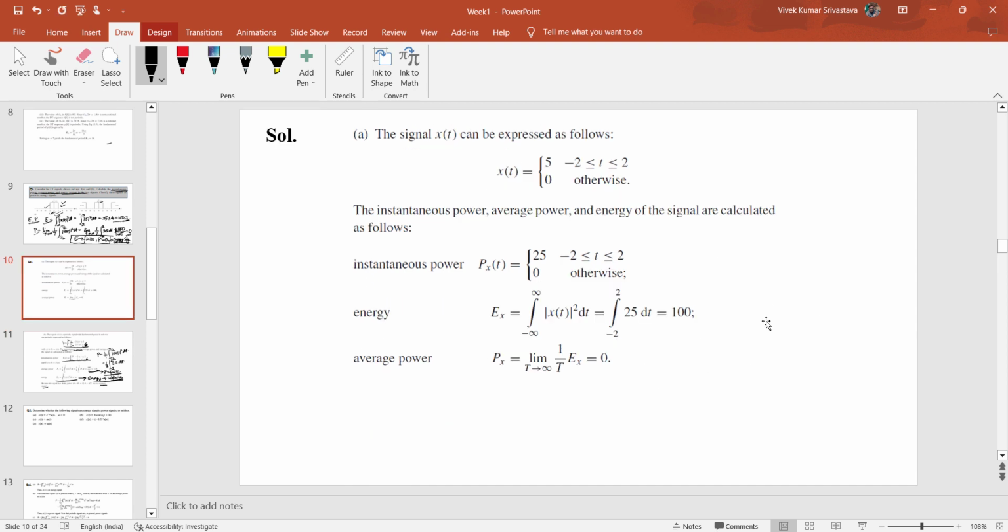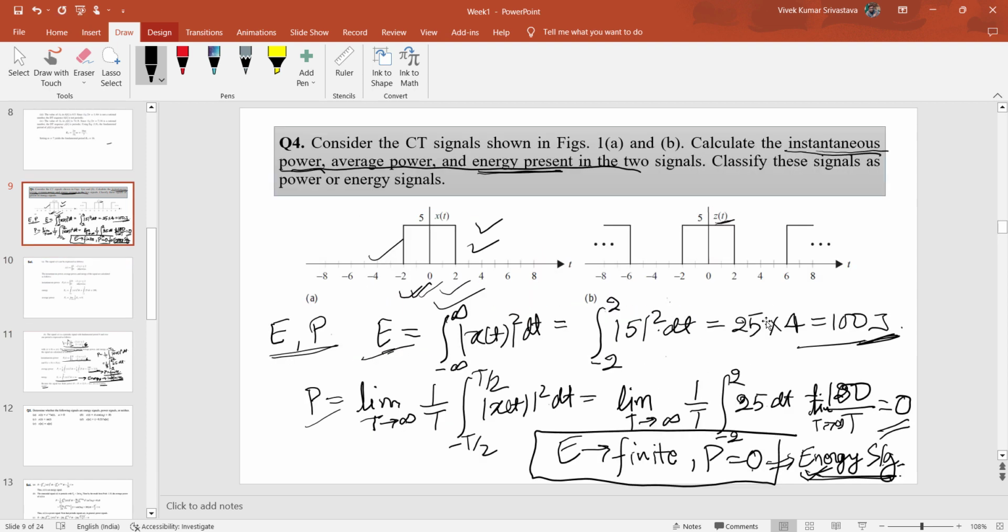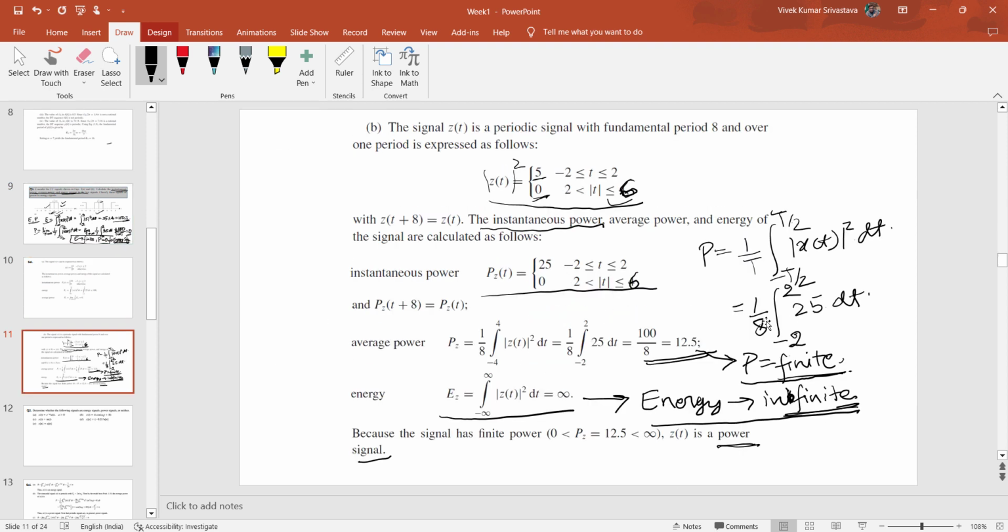So for this signal, by looking at this figure as well as by calculating the energy and power, we can determine that it is a power signal. So that's how we can determine whether a signal is an energy signal or a power signal.